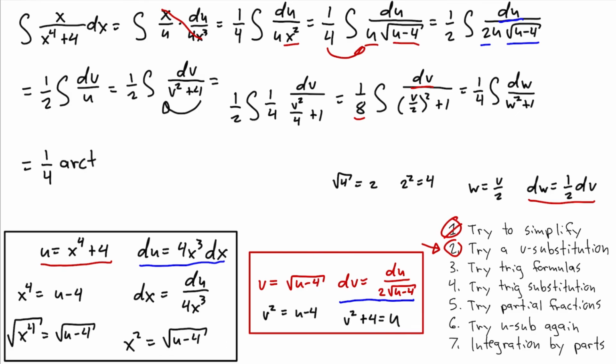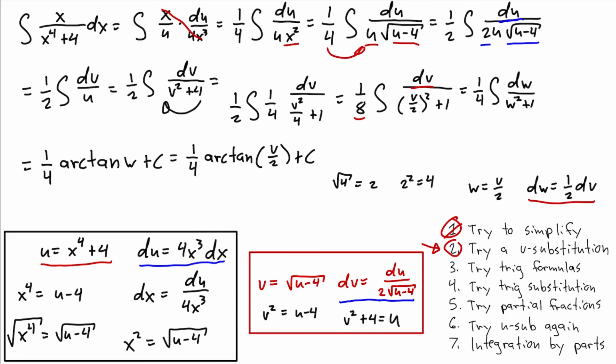It's going to be arctan of w plus c. And what does w equal? Equals v over 2. So let's do that. 1/4 arctan v over 2.